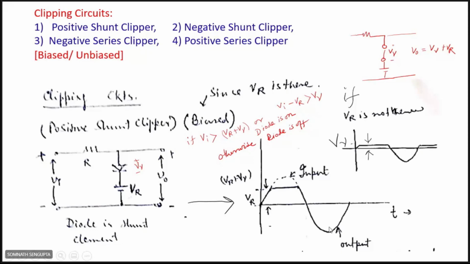So we can write here the diode is on, and in this region and also this region the diode is off. So when the diode is off, what is the response? What is the equivalent circuit?